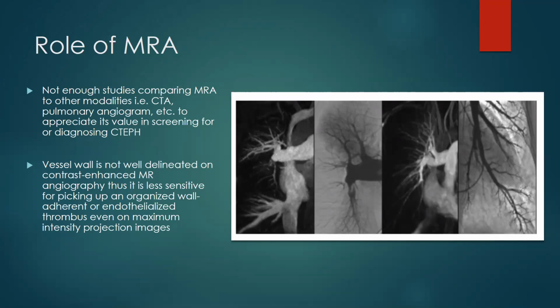So I think there's going to need to be more studies done before we determine if this is something we could use. So just showing MRA images and then angiogram images. And the other thing is with MRA, you may pick up some of the big vessels, but when you get out more distal, it's not good for picking that up.